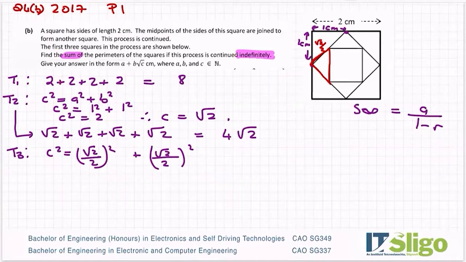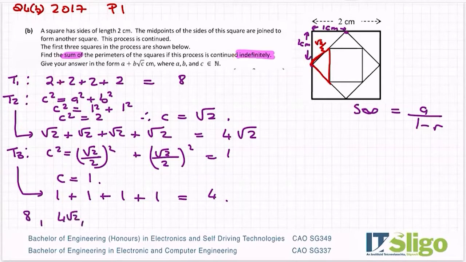So I have got 1 for that. So if c squared is equal to 1, that means c is also going to be equal to 1. So therefore T3 is equal to 1 plus 1 plus 1 plus 1, so it's equal to 4. Okay, so my sequence is 8, 4 root 2, 4, and so on and so forth.